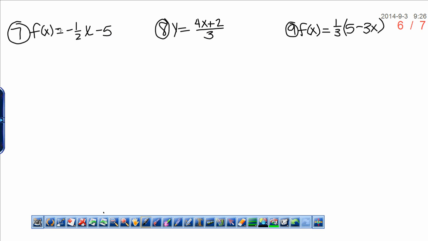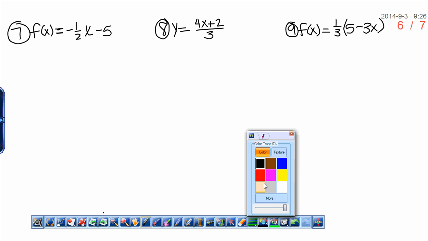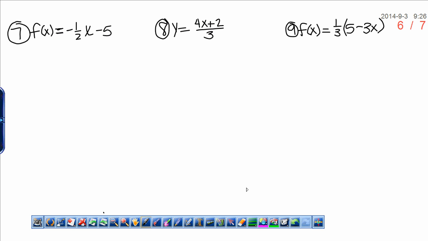Sorry, this says f of x equals negative 1/2 x minus 5. Okay, so I start by rewriting as y equals. So y equals negative 1/2 x minus 5.